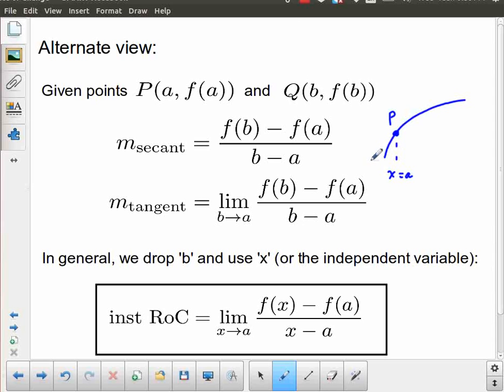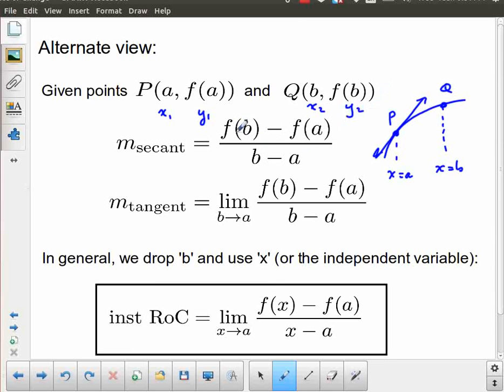If I want to know the slope of the tangent at this point, one thing I could do is take the point Q, which has an x-coordinate equal to b, and then I could slide this Q closer and closer to P. So for example, that would be my x1 at a, which would mean this would be my y1, that would be my x2, and this would be my y2.